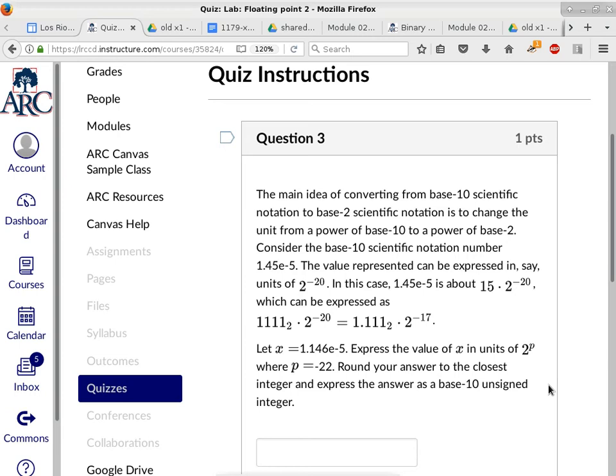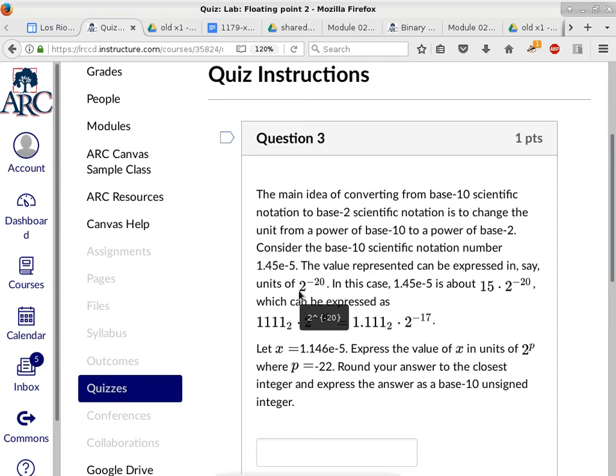So that's why this question is trying to simplify the concept. This is a particular value, 1.45 times 10 to the power of -5. So if I know ahead of time, don't ask me why, but magically if I know ahead of time, that my precision is only all the way down to 2 to the power of -20, then the question is, how do I express the value of 1.45 times 10 to the power of -5 in units of 2 to the power of -20?